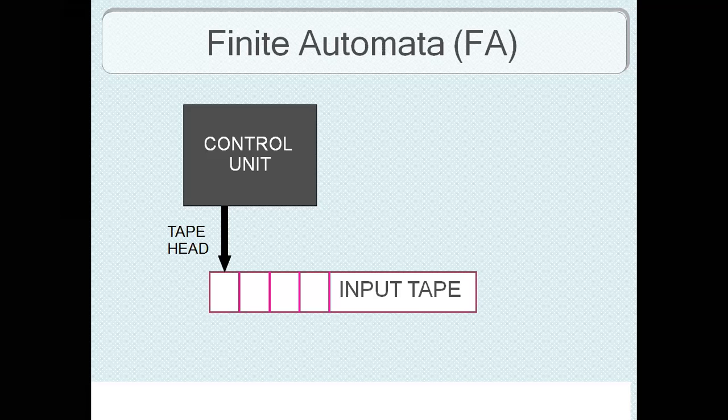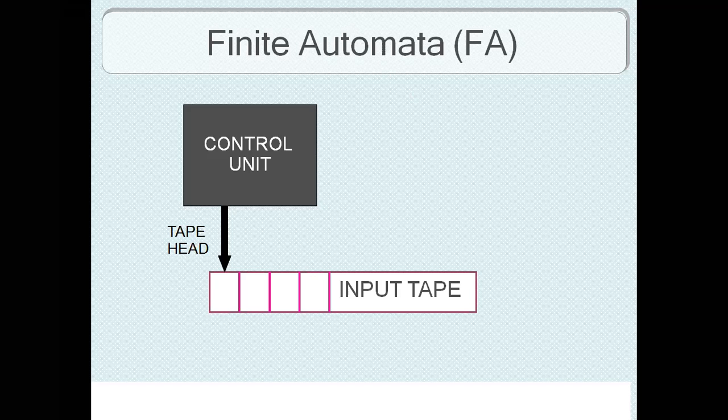So we take the input string for processing. The input tape is having some input string, and that input tape is divided into a number of cells, and each cell is filled with only one symbol. So what are the components of finite automata?